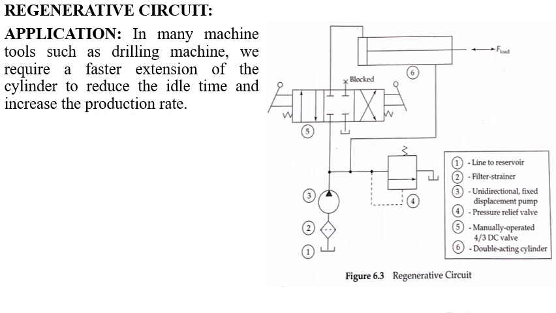First I will go over the principle involved in the regenerative circuit. A regenerative circuit is used to speed up the extending speed of the double acting cylinder. Compared to the normal double acting cylinder, the extending speed in a regenerative circuit is faster. This is done by connecting the rod end of the cylinder back to the pressure line.